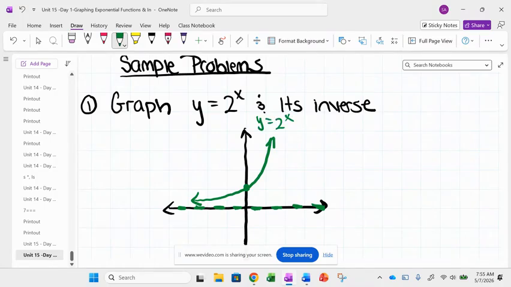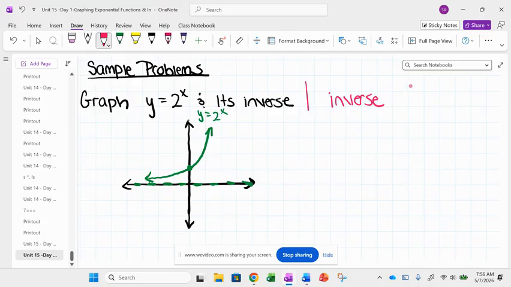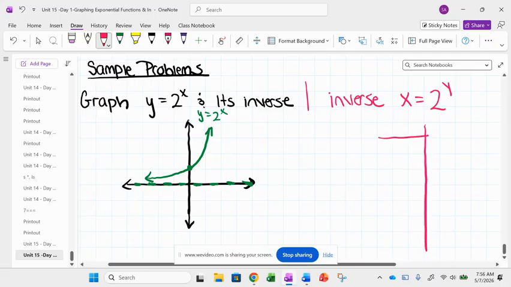Now what I want to do is graph its inverse. Now the inverse is going to be x equals 2 to the y power. I'm going to make a chart.